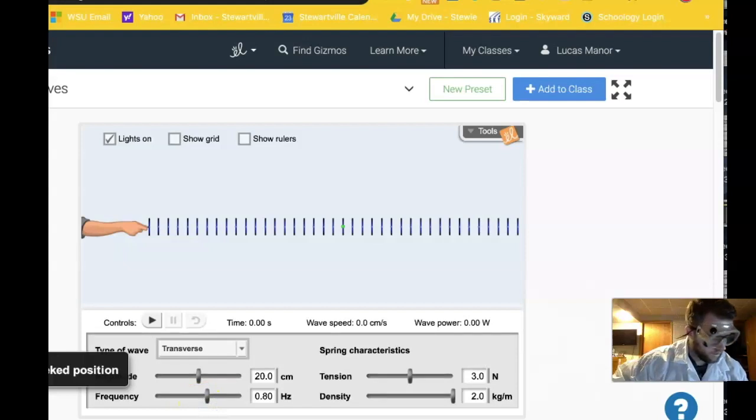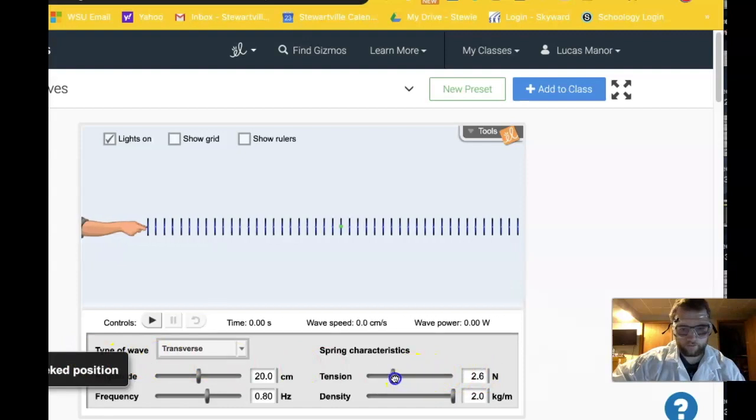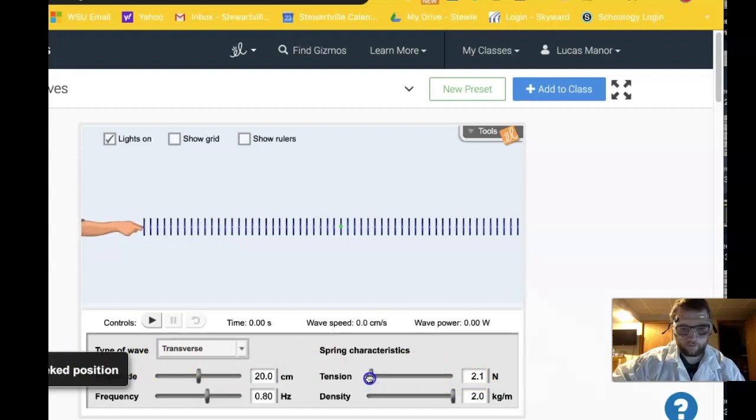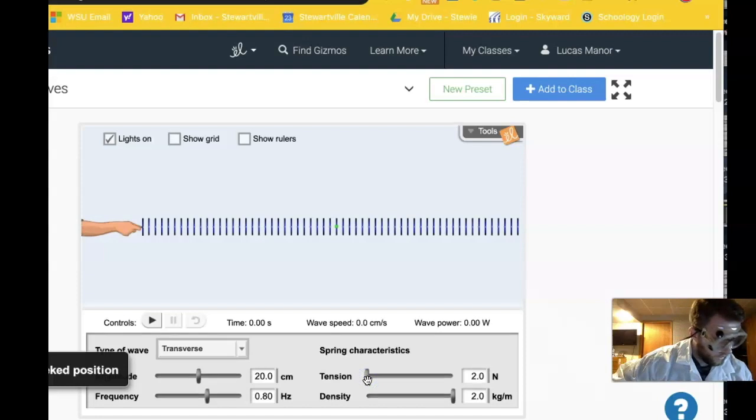We need the tension to be 2 newtons. And we need the density at 2 kilograms per meter.